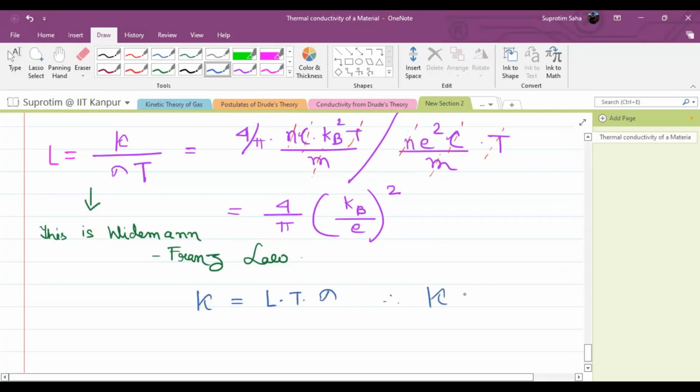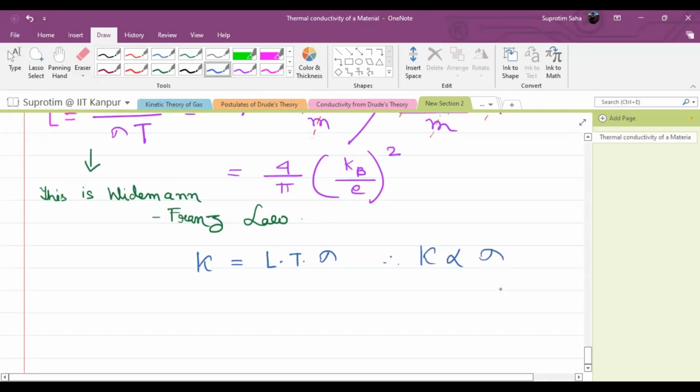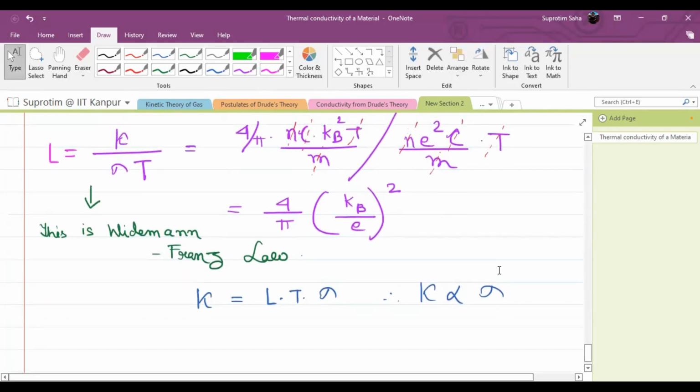Therefore, kappa is proportional to the electrical conductivity, and the proportionality constant L T is also constant.